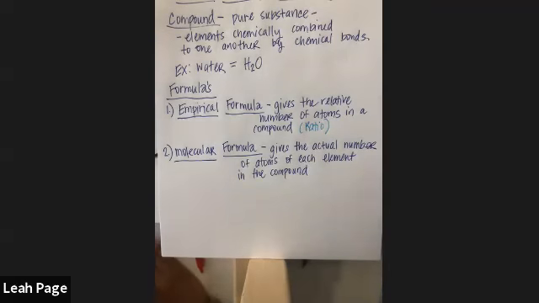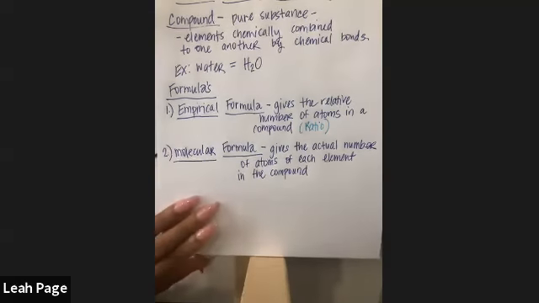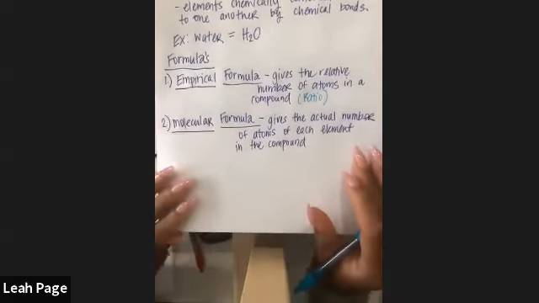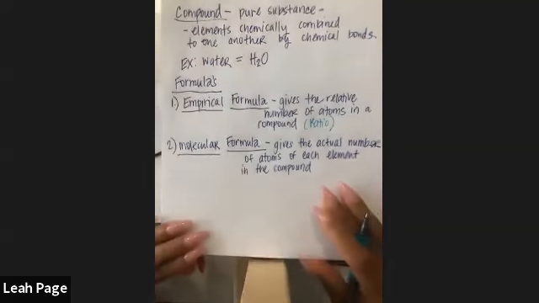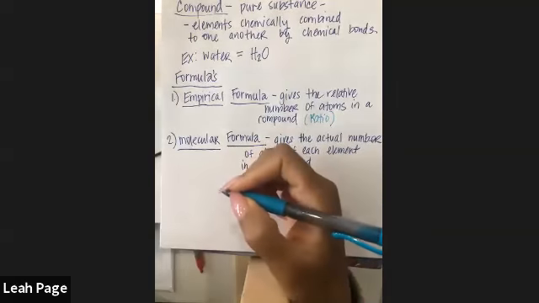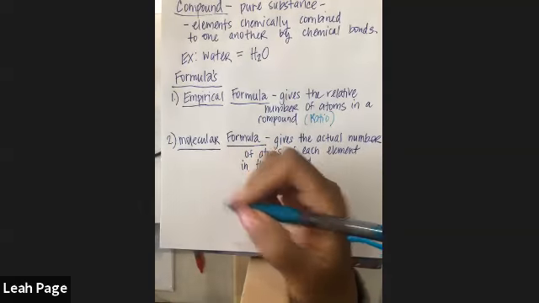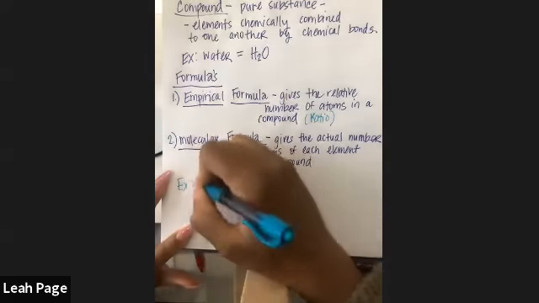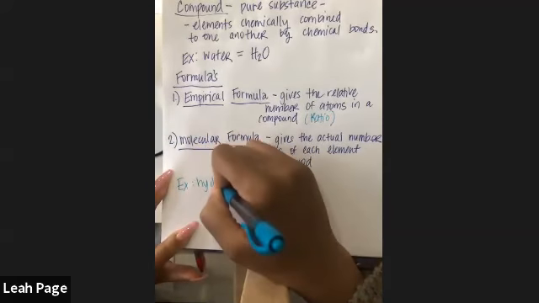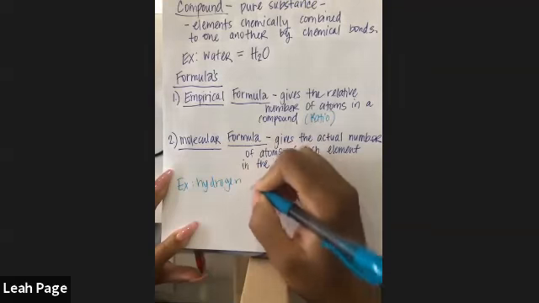All right, so one gives the actual number, the other one gives the ratio. So let me give you an example of what I mean. Let's think of hydrogen peroxide. Most of us have this in our bathroom cabinets.